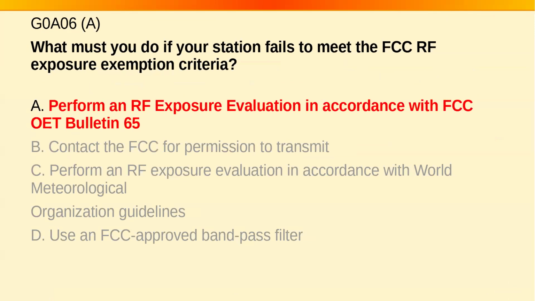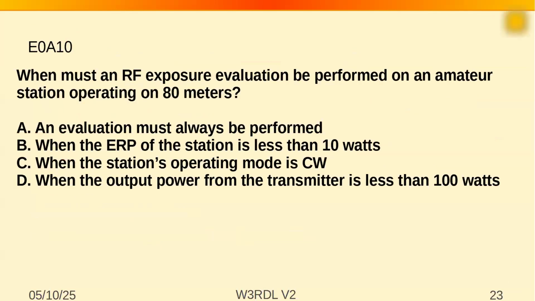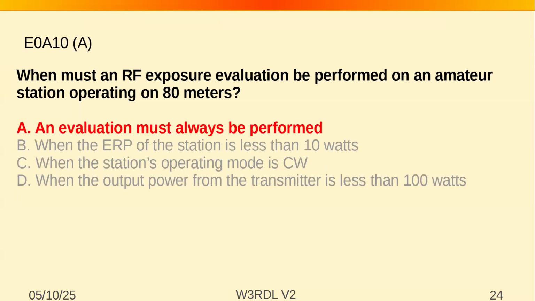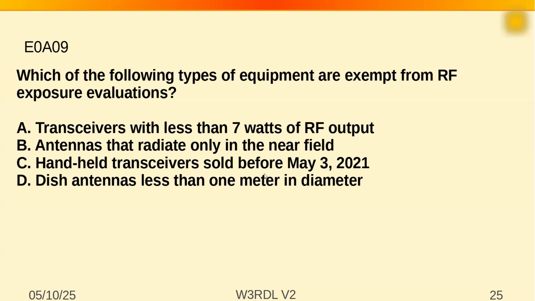Alpha. When must an RF exposure evaluation be performed on an amateur station operating on 80 meters? You don't have to go any further. Which of the following types of equipment are exempt from RF exposure evaluations?